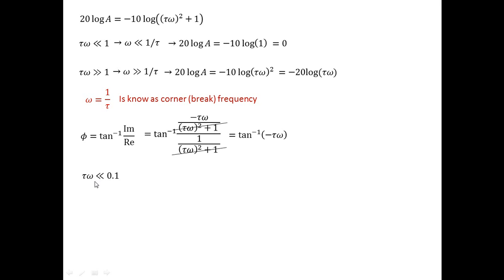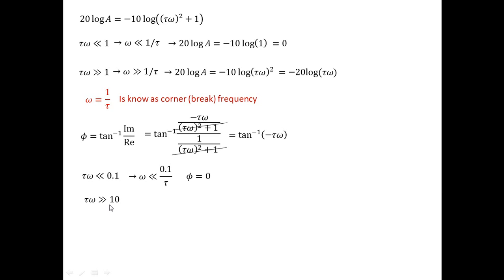In this case, we assume tau omega is much less than 0.1, or omega is much less than 0.1 over tau, phi will be 0, since tau omega is a very small value, almost 0, so tangent inverse of 0 will be 0.